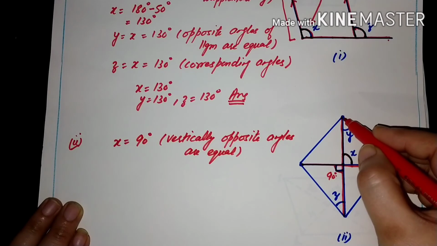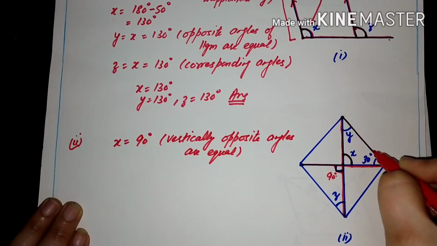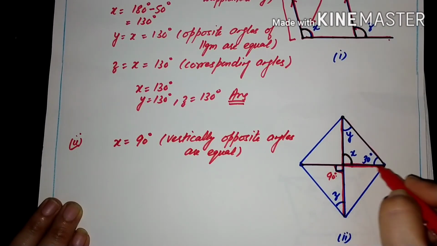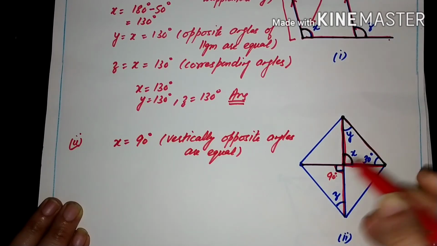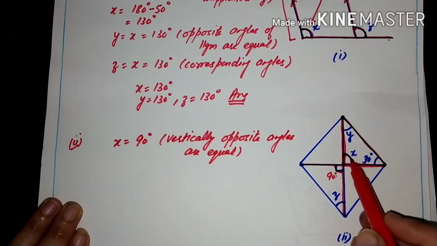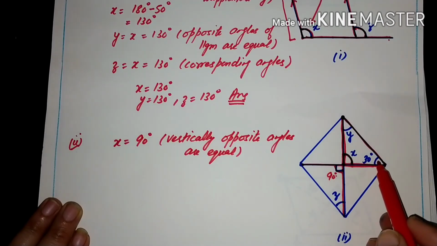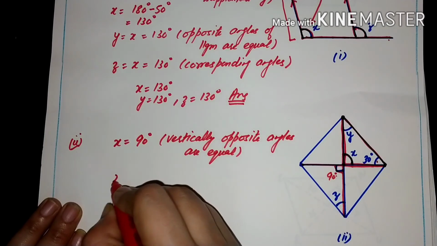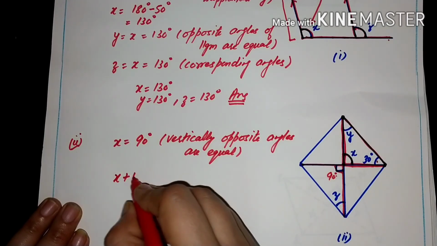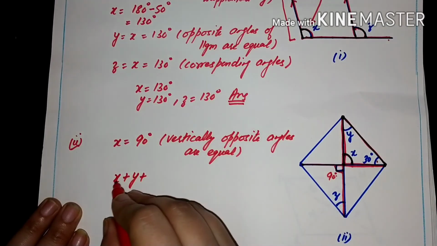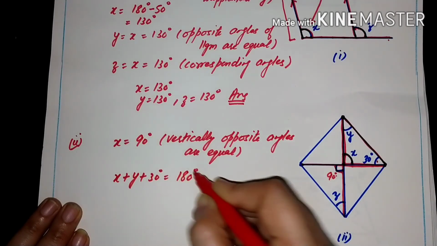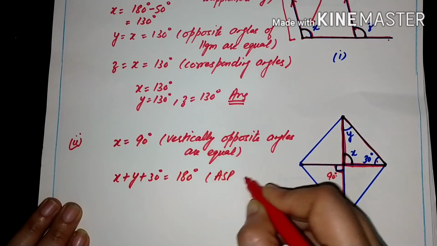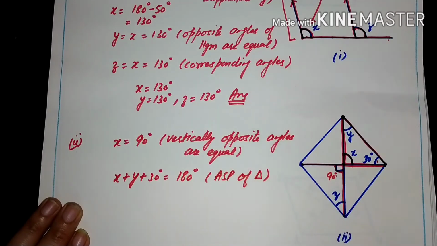Now we have to find the value of y. So you can see here that it is forming a triangle. So we can apply the angle sum property of a triangle to find out y, because we know the value of x and one of the angles is given to us as 30 degree. So x plus y plus 30 degree will be equal to 180 degree using the angle sum property of a triangle.